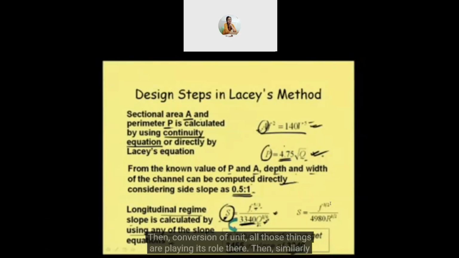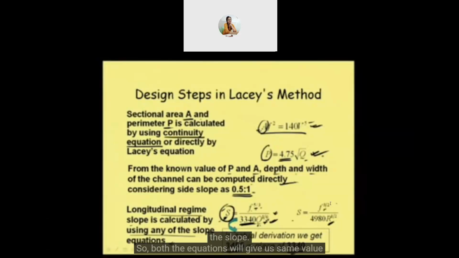Then similarly, from this q we can calculate the regime slope, and similarly by using the hydraulic radius r, which we have already obtained, we can also calculate the slope. So both the equations will give us the same value of slope, and then this slope we need to have.